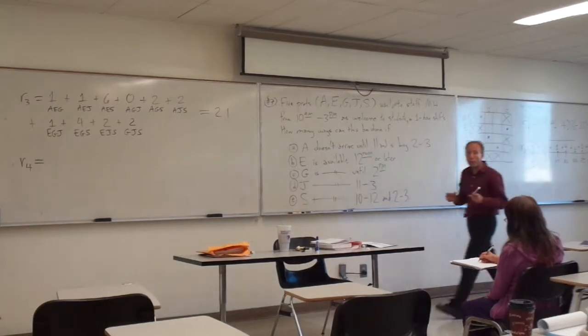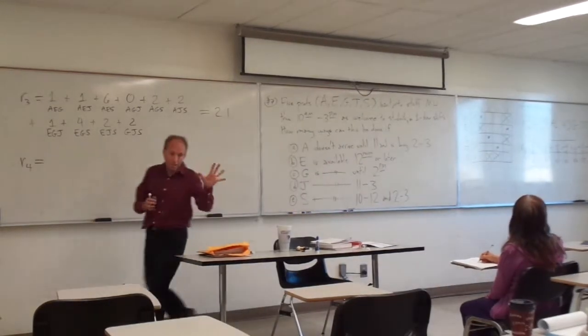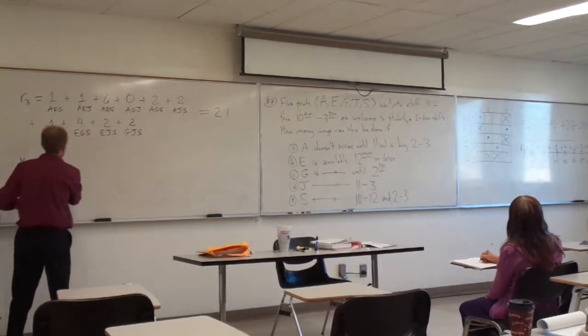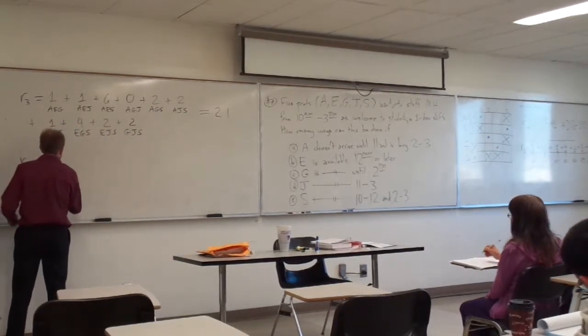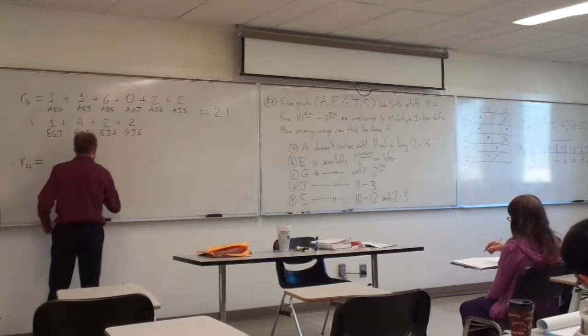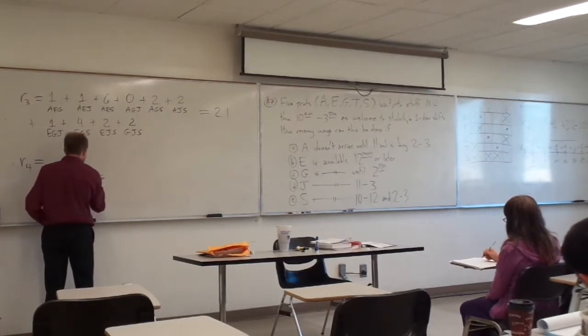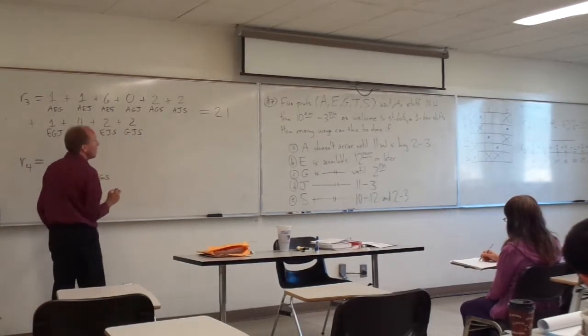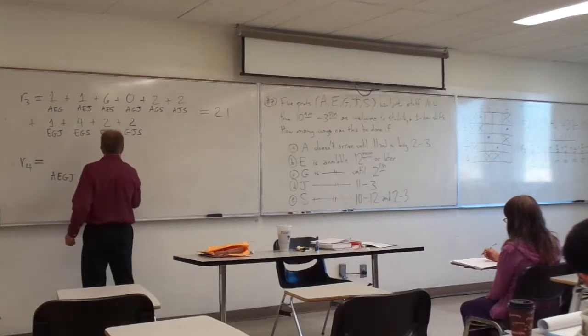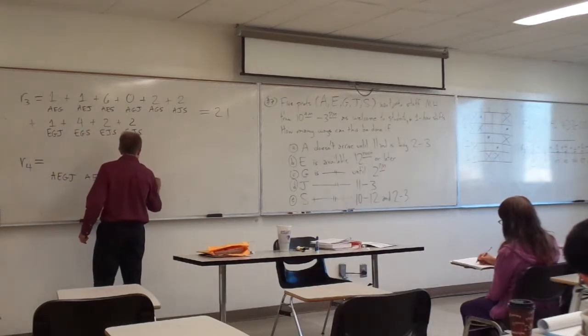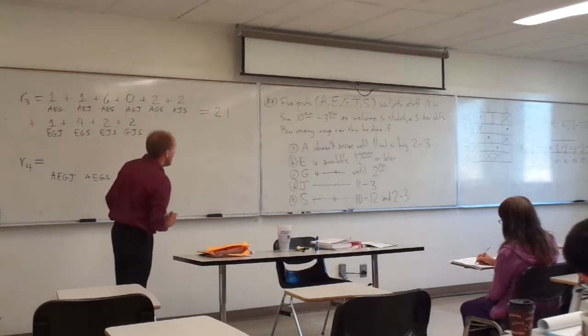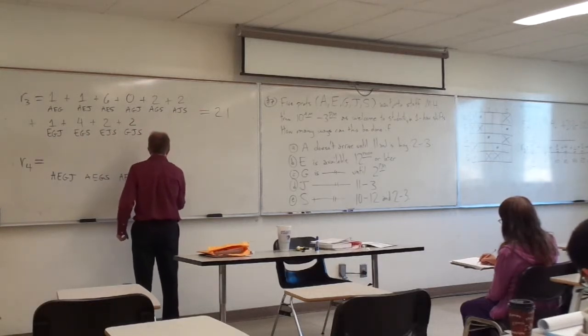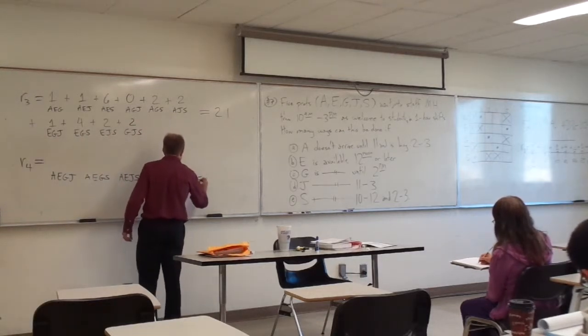So for R4, the good thing about R4 is there's only 5 terms. So you'll have AEGJ, AEGS, you'll have AEJS, and then you'll have AGJS, and then EGJS.